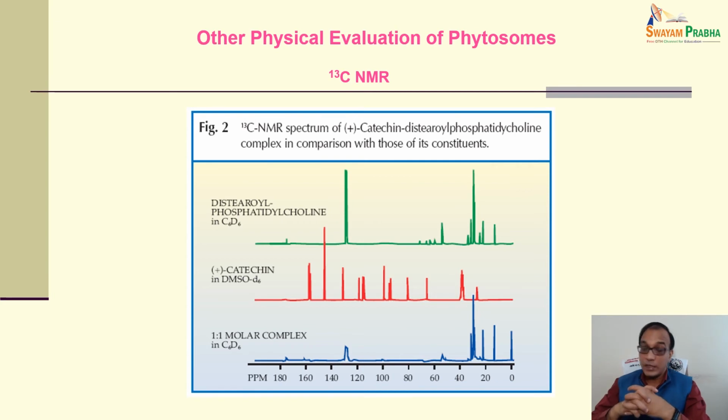It would be very difficult if you are dealing with 40% phosphatidylcholine. You will get the NMR obviously, but you won't be able to interpret the data. So go for NMR only when you have the purest grade of phosphatidylcholine, apart from the API.